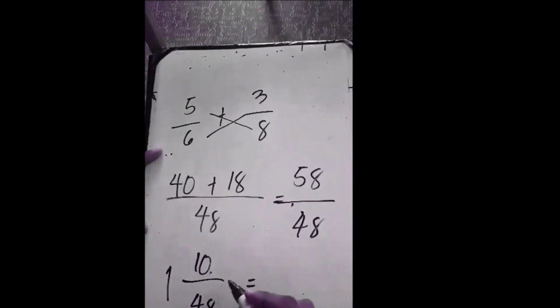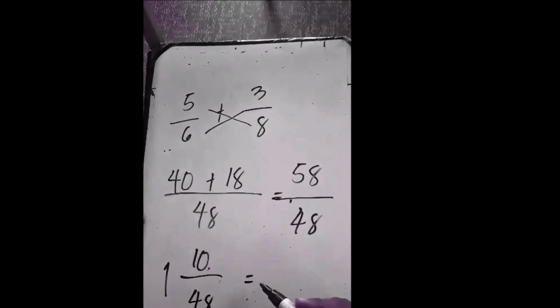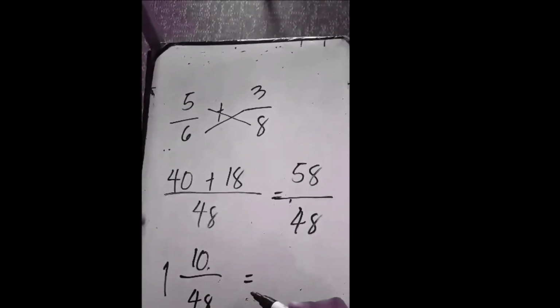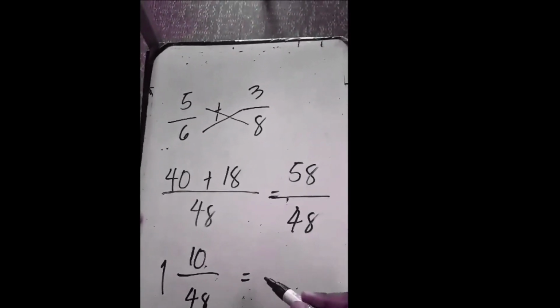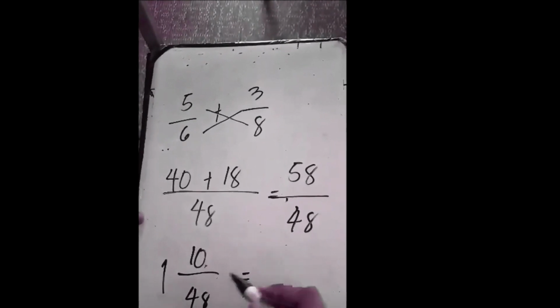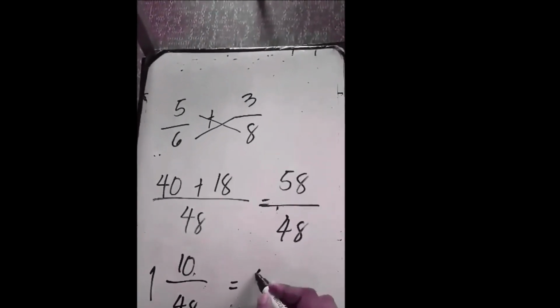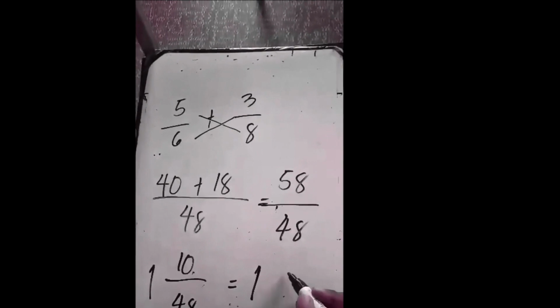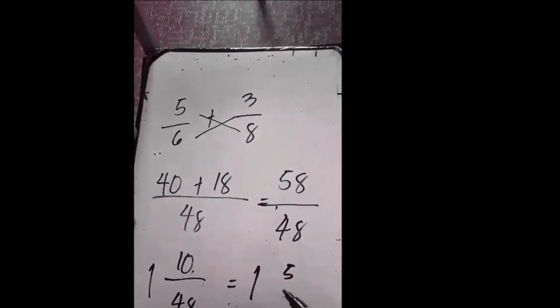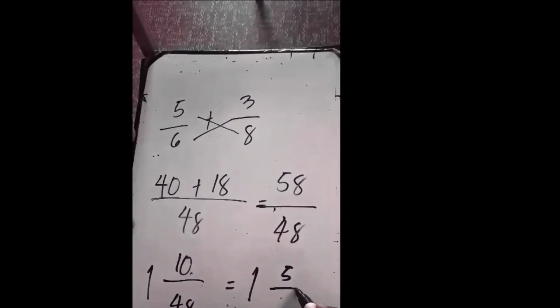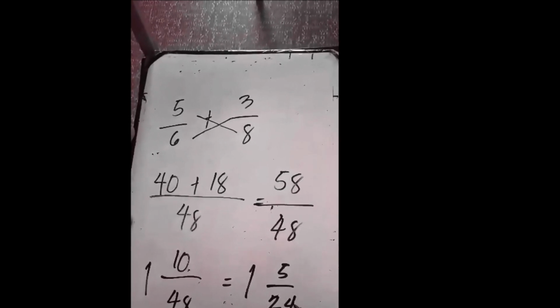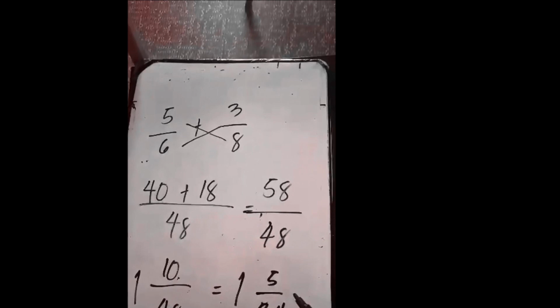Now 10 over 48 can still be reduced. Since both are even, we can divide both by 2, and still we need to copy the whole number, which is 1. 10 divided by 2 is 5, and 48 divided by 2 is 24. Hence, the final answer is 1 and 5 over 24.